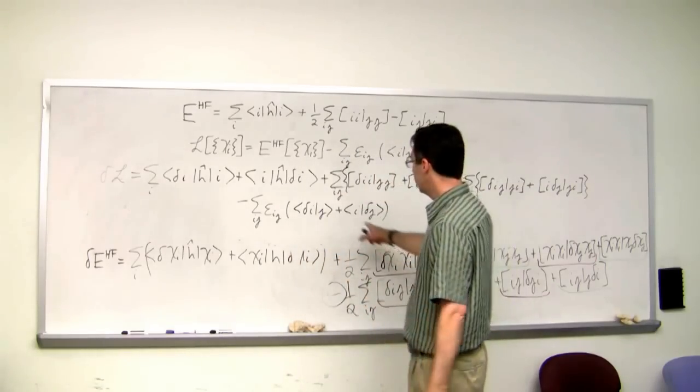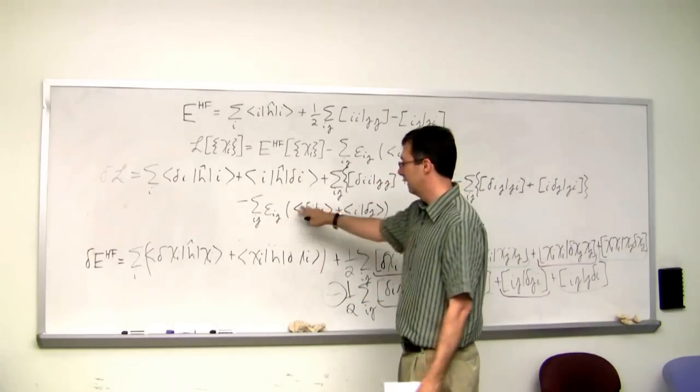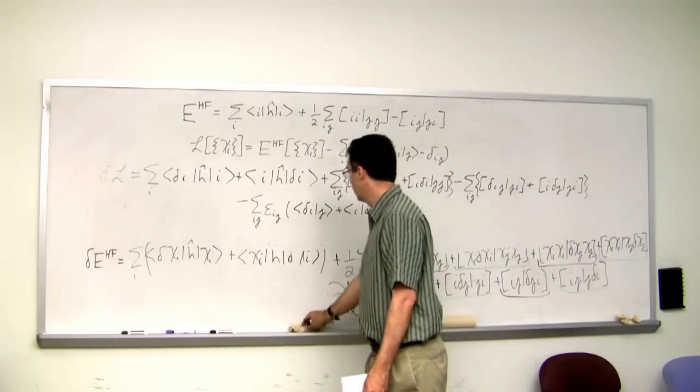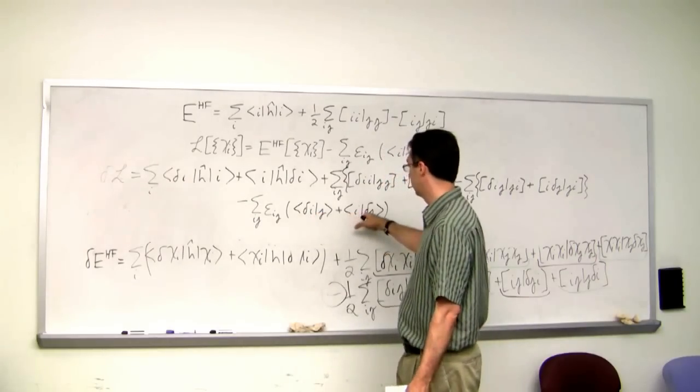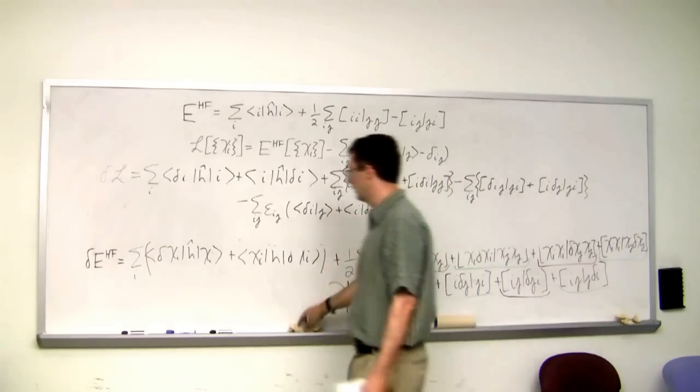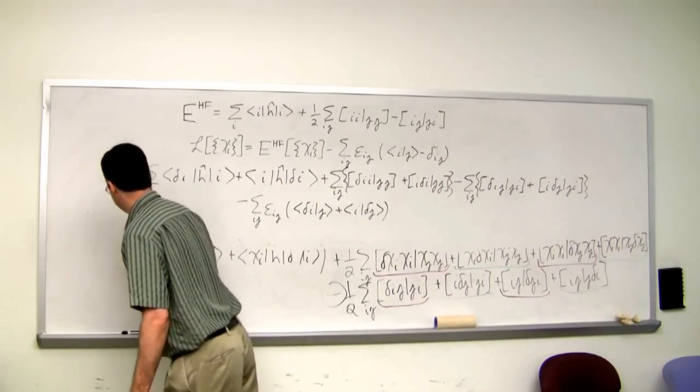Now, I need to do some fiddling around with this to try to show you how this term relates to that term. So I need to play with that a little bit.